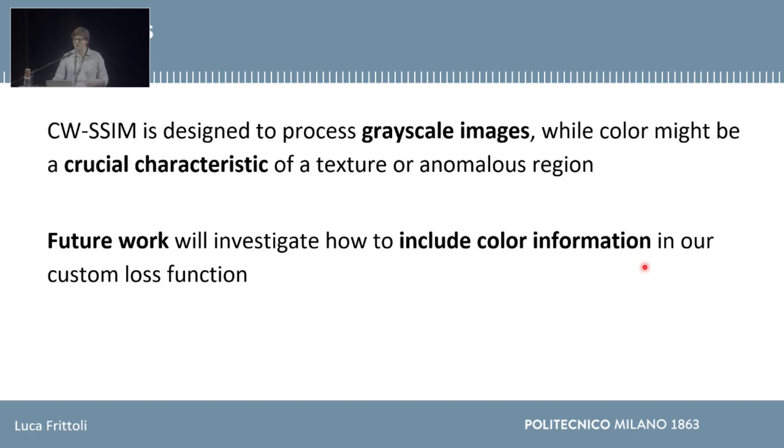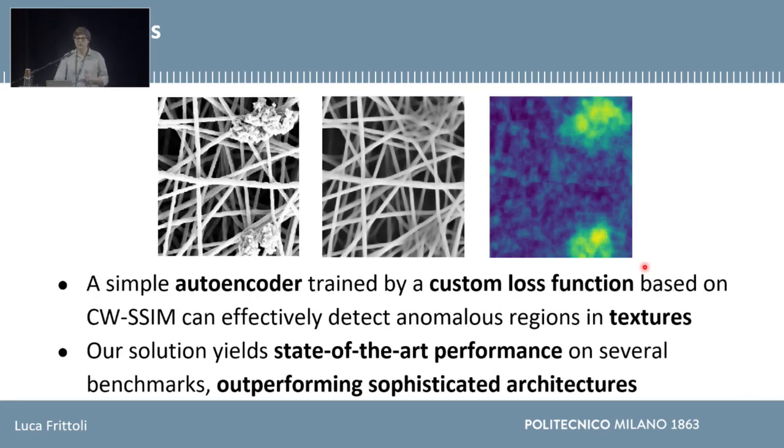Some anomaly might consist in a change of color in a particular region of the image, which of course our method would not be able to detect. For this reason, we are working on including color information in our loss function. But still it performs quite well so far.